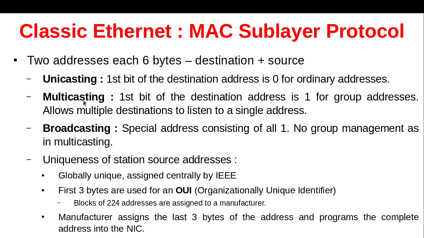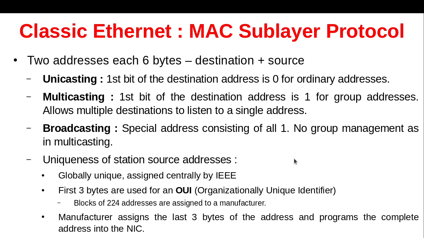The difference between multicasting and broadcasting is that broadcasting refers to all machines, whereas multicasting refers to a subset of machines. Here, as the frame must be transmitted to all the machines, there is no concept of a group, so no group management is required as in multicasting.